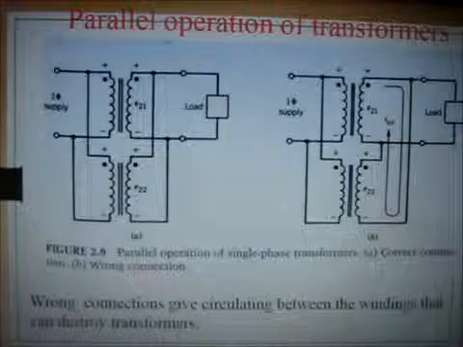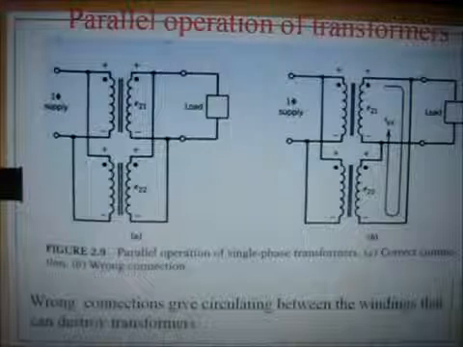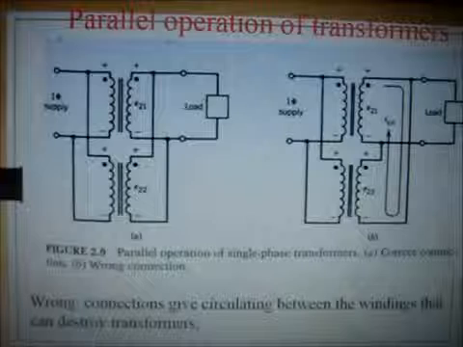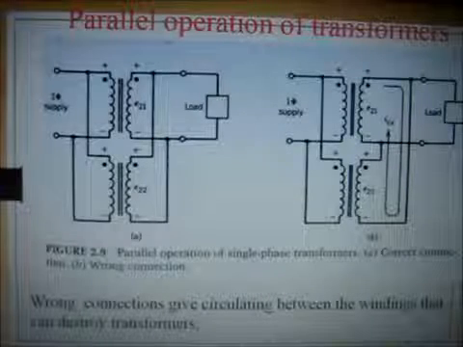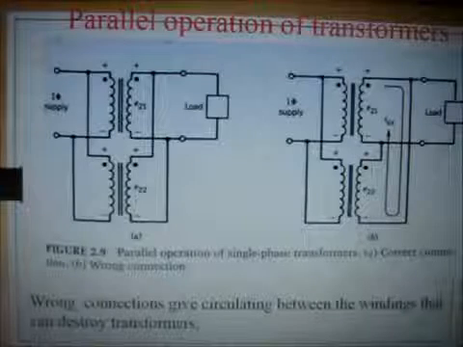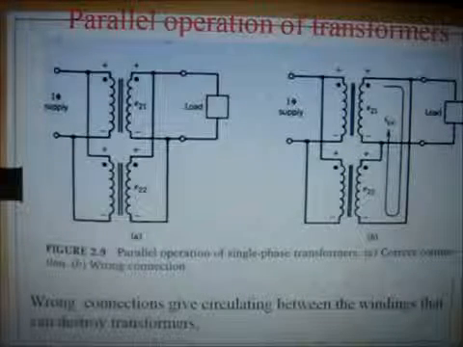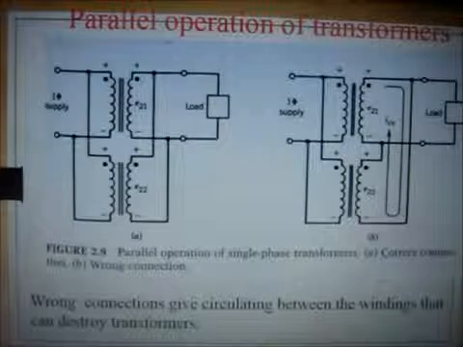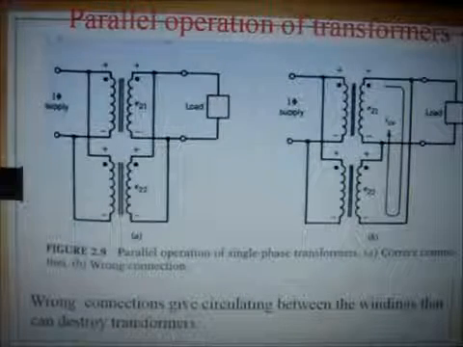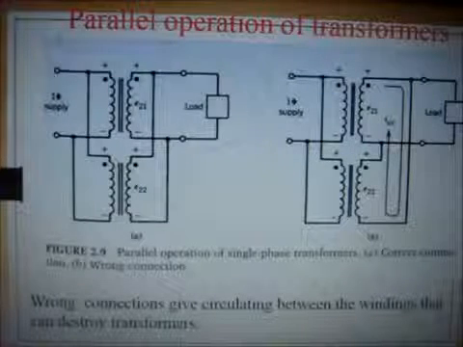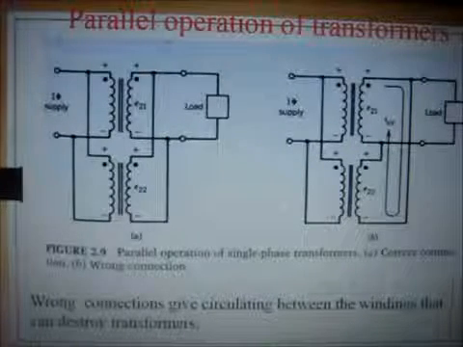Now this is a very important task. We will study it in the higher semesters, but for the time being, parallel operation of transformers is very essential. I want to mention two or three points regarding this. A single transformer may not be efficient enough to supply a large number of people. So in that case, what happens? We need to add one more transformer to it. And how can you add that?